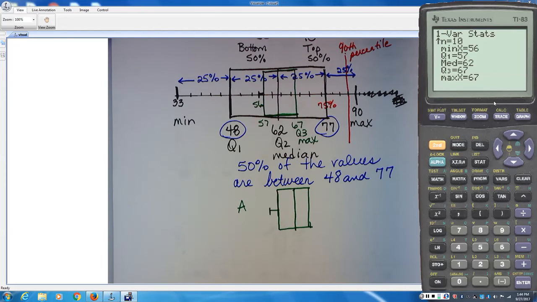What we'll normally do, and you can actually get the calculator to help you with doing this, is you want to go to your stat plots, which is second y equals.